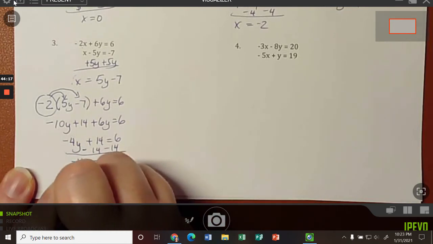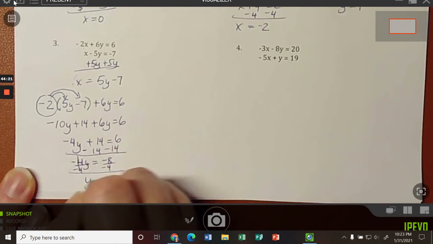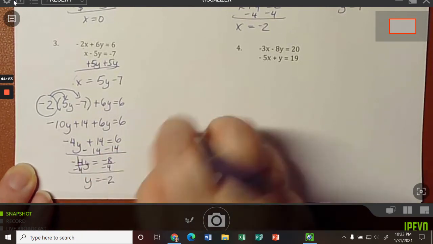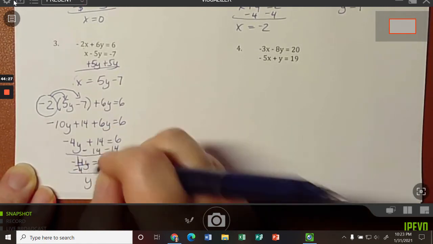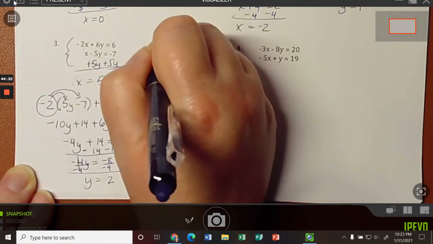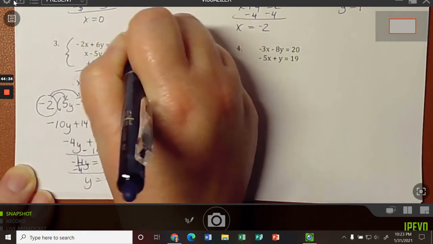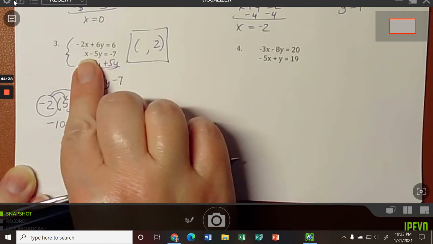And then divide each term by negative 4 to get y equals positive 2, because a negative divided by negative is a positive. And so then once I know y is 2, I can plug that into either equation to solve for x.